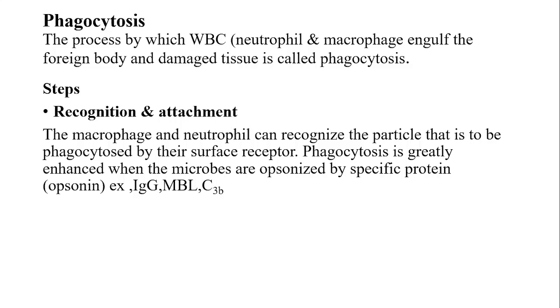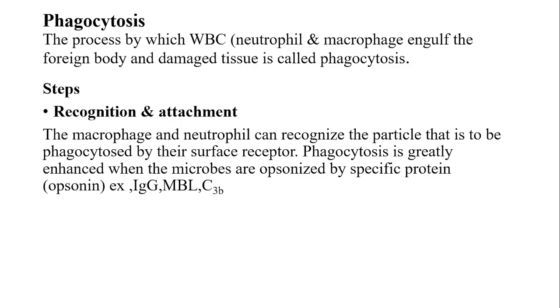And this recognition of the foreign body can be much enhanced by the process of opsonization. That means there are some substances like immunoglobulin G or mannose binding lectin or complement C3. These substances help the WBC to identify the foreign body.